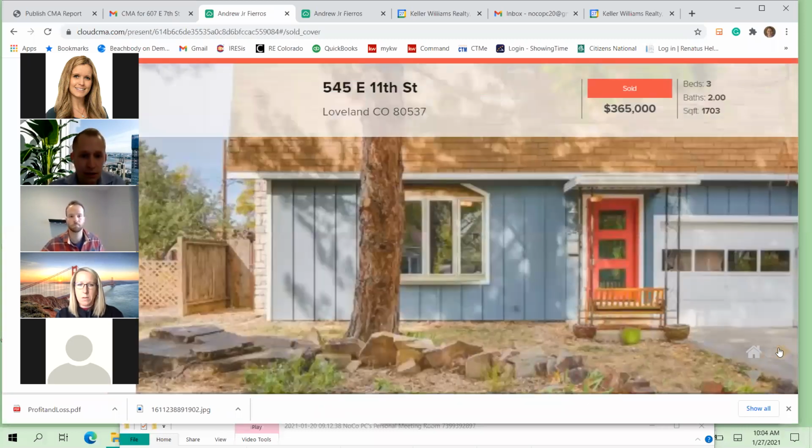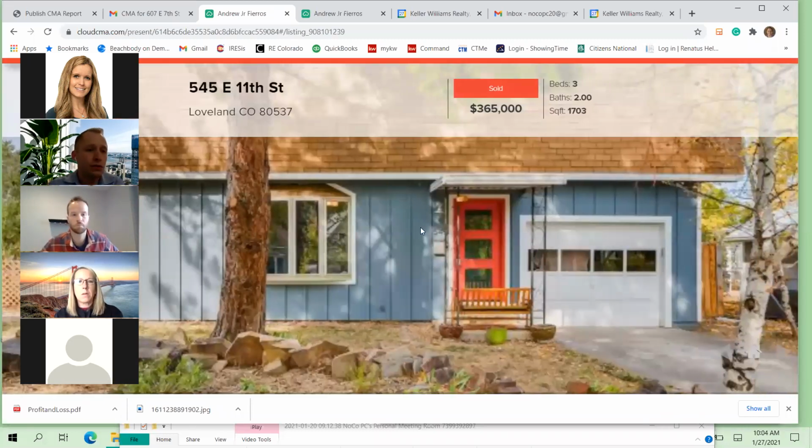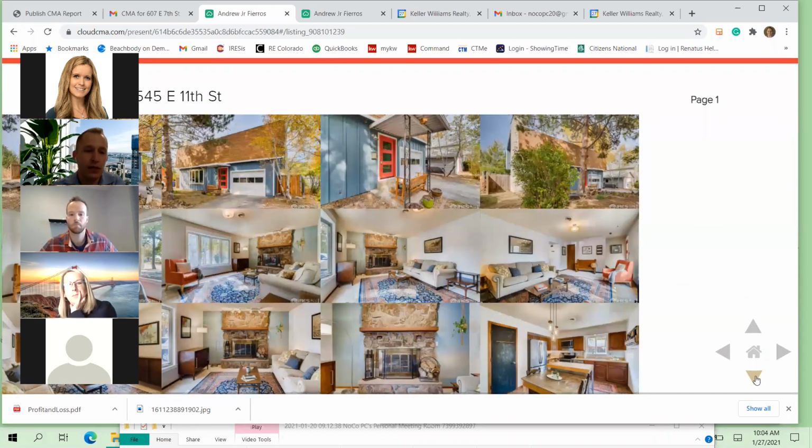So Brady, this first home here, what I'm going to do is we're going to go through each different home and we're going to take our time with it. We're going to compare each piece of criteria to the sold price. And then you're going to see that there's the arrow. It starts to come up at the bottom there. We can compare the photos to your home.